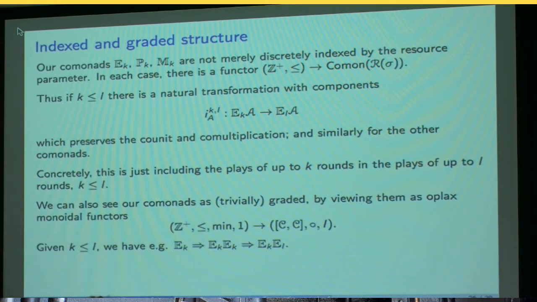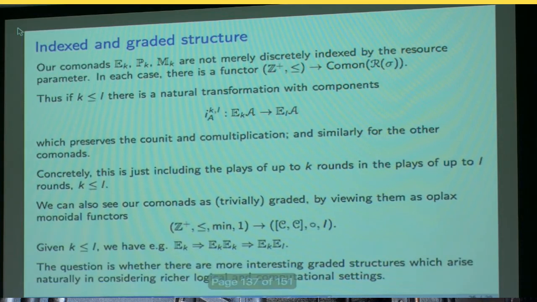And in fact, we can even see that these comonads are trivially graded. Graded monads and comonads have begun to play a role in functional programming and categorical methods in computer science, and it will be interesting to see if there are more interesting graded structures. So a comonad is a comonoid in the endofunctor category.